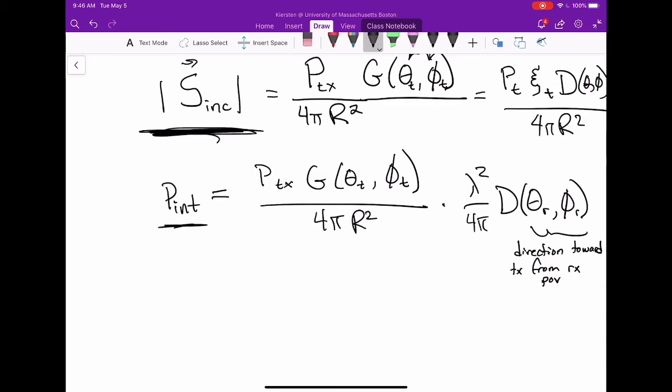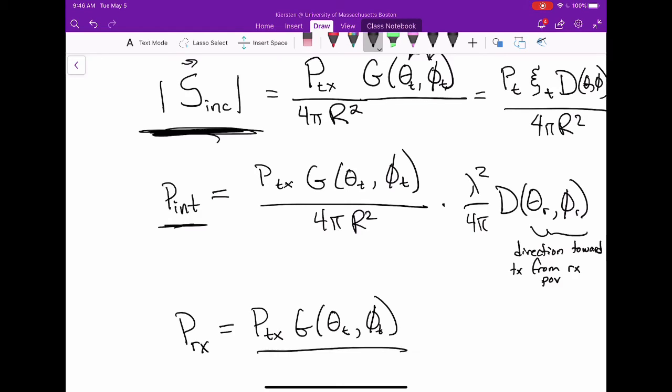So then we need to say that the power of the receiver is equal to the transmit power times the gain of the transmitter over 4 pi r squared, times lambda squared over 4 pi times the directivity of the receiver, times the efficiency of the receiver.